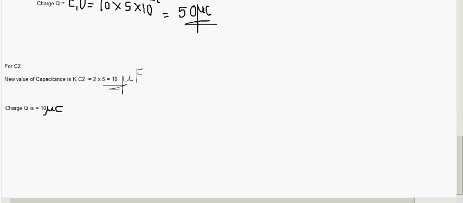Voltage V is equal to Q by C, since Q is equal to CV, which is 10 micro divided by 10, equal to 1 volt. This is how we have to calculate.